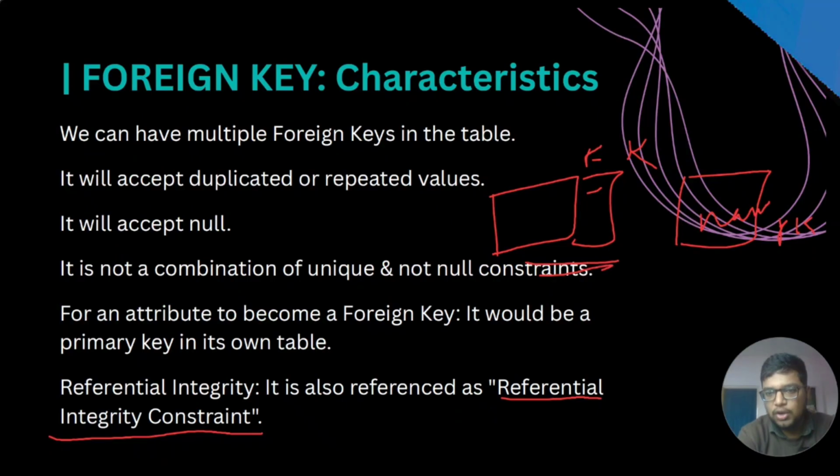This column is from outside of this table. I just have to take a reference from that table and add this. This is nothing but a referential integrity constraint. A foreign key is a constraint where I am getting some reference from some other table. Because of that, it is a referential integrity constraint. This is an important thing you just have to keep in mind.